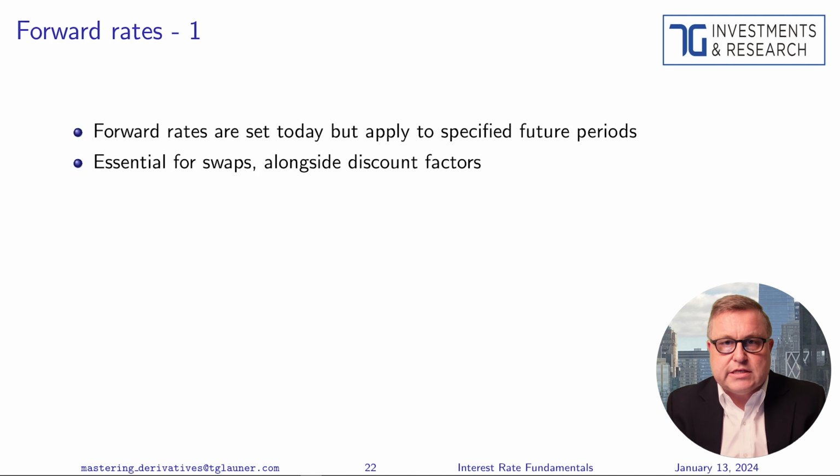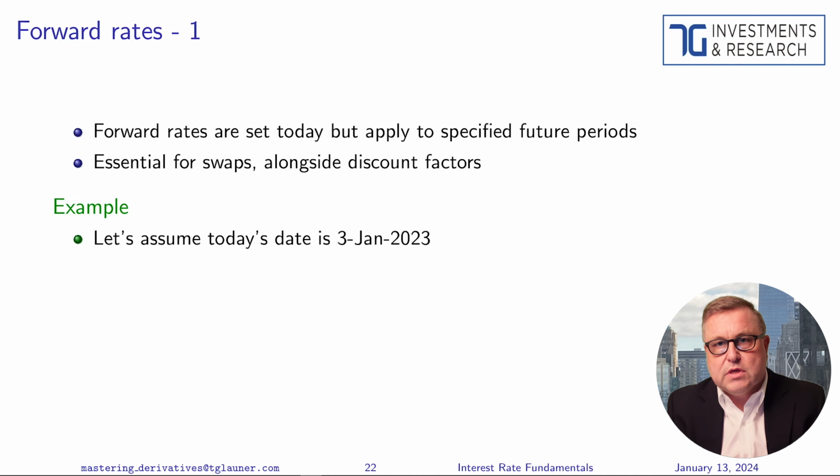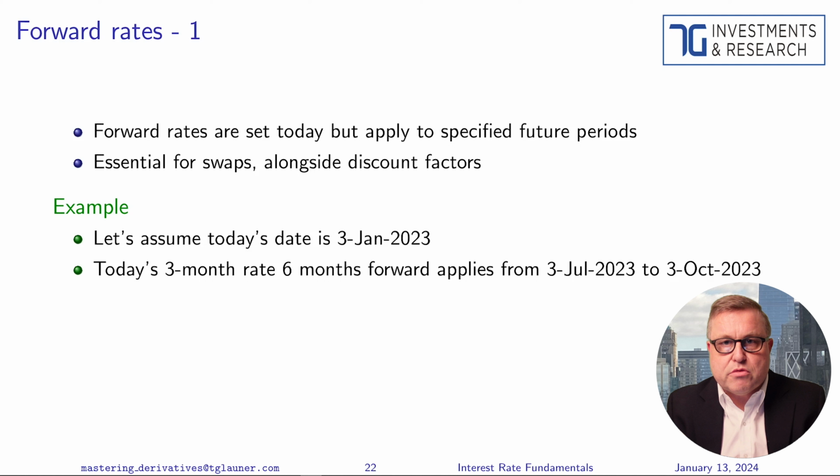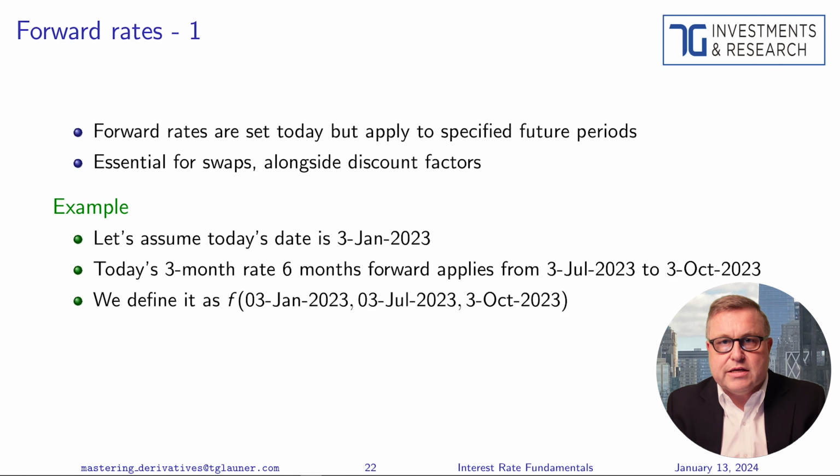As a forward rate example, let's say today's January 3rd, 2023. Then today's 3-month rate, looking 6 months ahead, would start from July 3rd, covering 3 months, until October 3rd of 2023. That would be defined as today's 3-month rate effective 6 months forward.